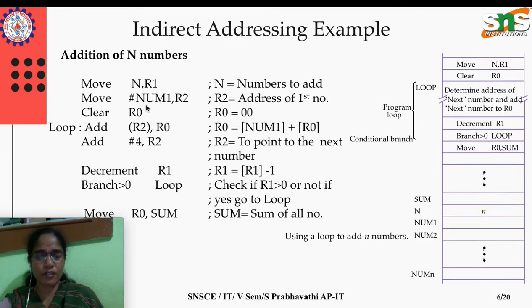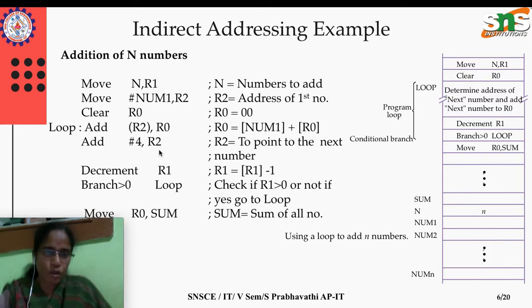Initially r0 is 0, and suppose 10 is stored, then 10 plus 0 is 10, and that gets stored in r0. Then we need to add the next number, is it not? Suppose in number 2 we have the operand value 20, so we need to move there. That is done by the instruction add immediate mode hash 4 comma r2.